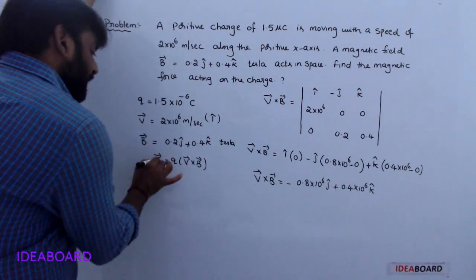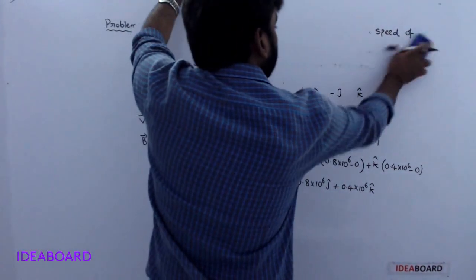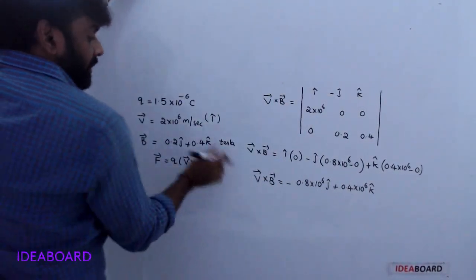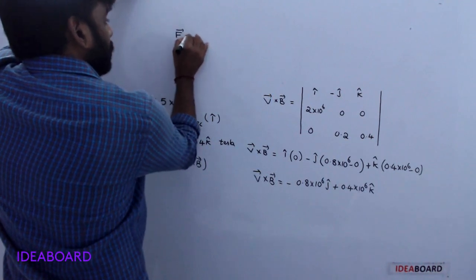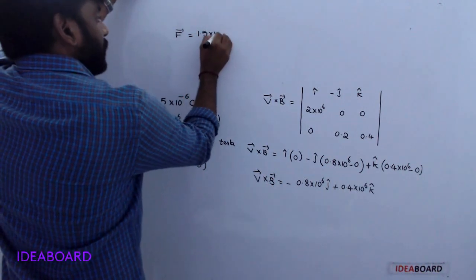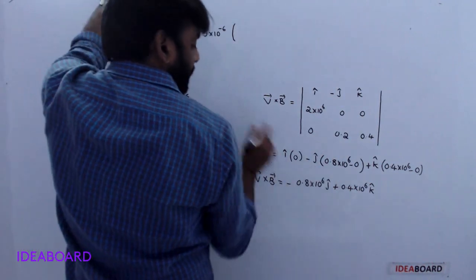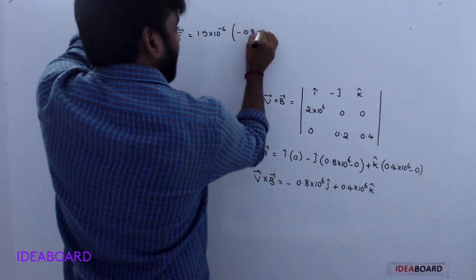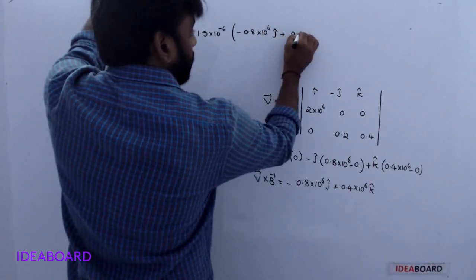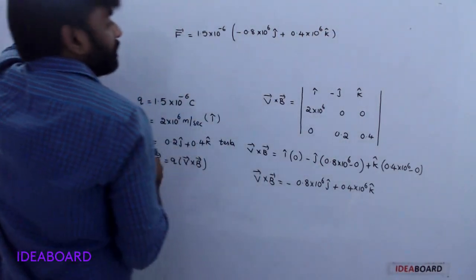So F bar means Q into V bar cross B bar. F bar is equal to 1.5 into 10 to the power of minus 6 times minus 0.8 into 10 to the power of 6 J cap plus 0.4 into 10 to the power of 6 K cap.